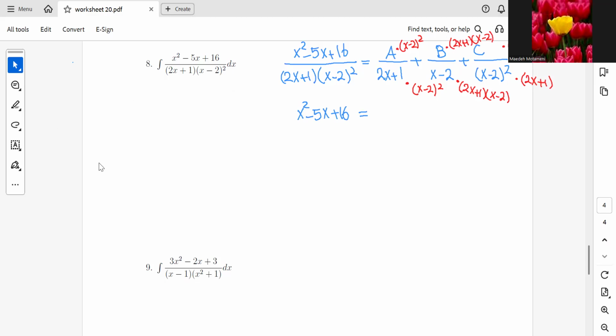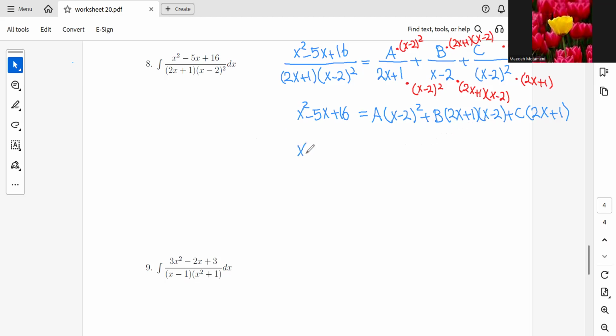So altogether, the right side will be a multiplied by x minus 2 squared plus b times 2x plus 1 times x minus 2 and c times 2x plus 1. You can either multiply them together, that would be a lot of work, or you can pick some numbers.